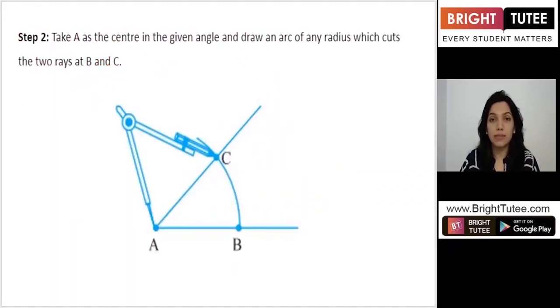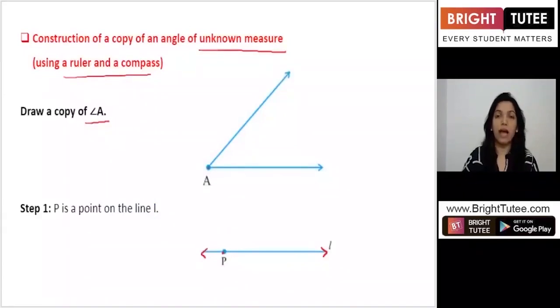The next step says take A as the center in the given angle and draw an arc of any radius which cuts the two rays at B and C. So what you do, you go back to the given angle.